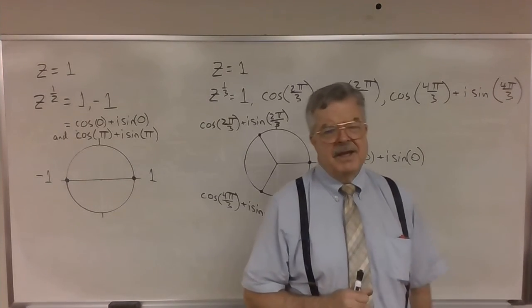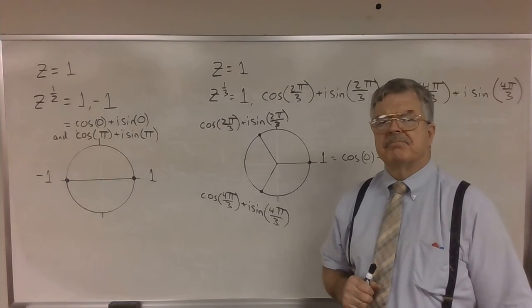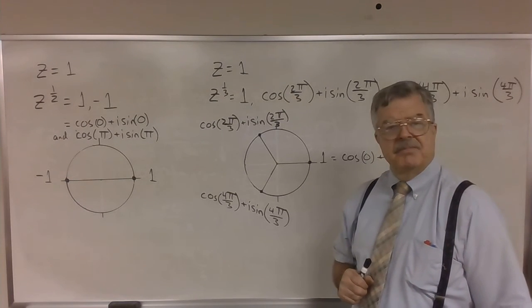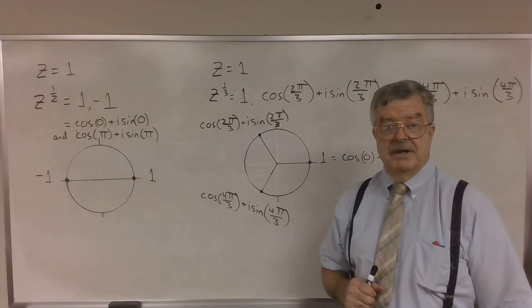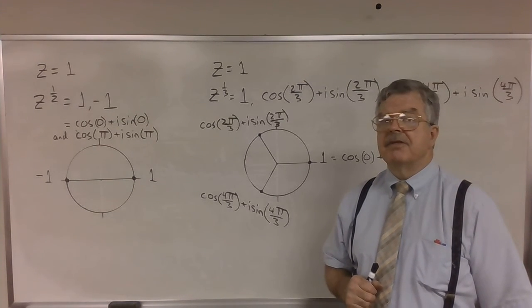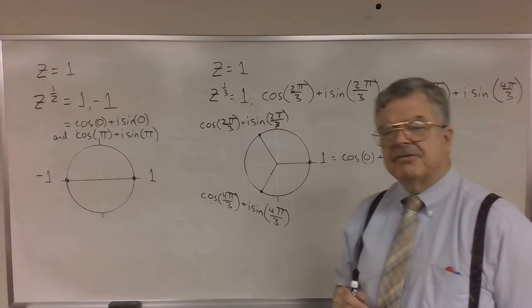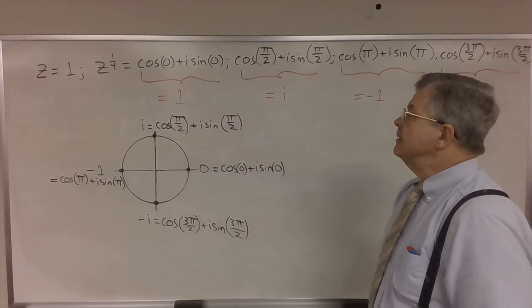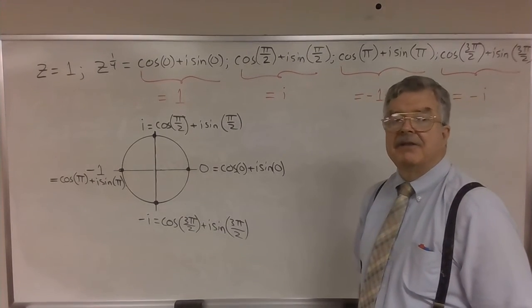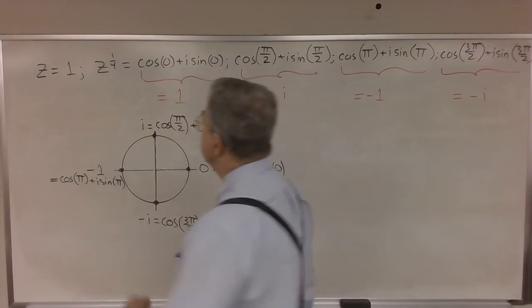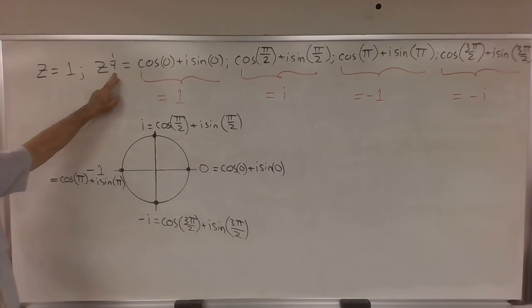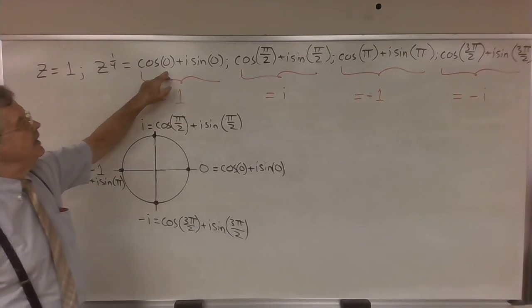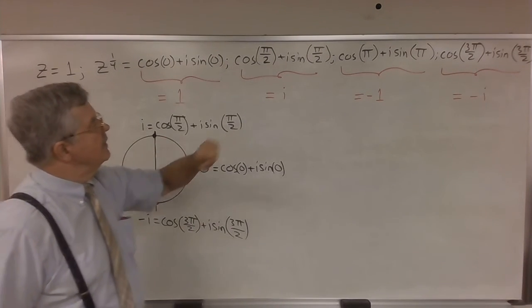So what do you think the case would be if we computed the 4th roots of 1? You think they'd be equally spaced around the circle? Well, the answer is yes. Okay, z equals 1. And using our formula, these are all the 4th roots of z. Cosine 0, I sine of 0.